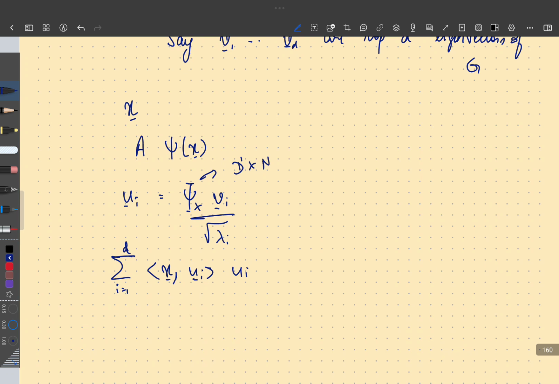This is the approximation of x in the lower dimensional space. This is equivalent to just storing the inner products between x and u1 up to x and ud.